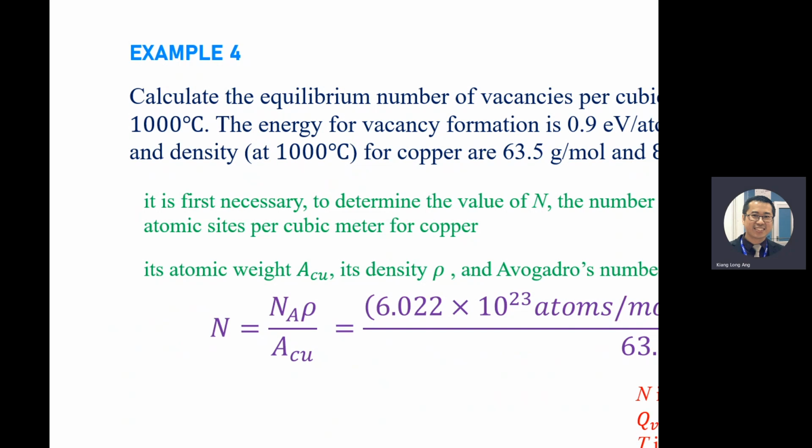Okay, so if you look at this question, we expect you to know this calculation of n in the equation. We did this one: the number of atoms per cubic meter of copper. We calculate the n here. N equals Na rho over A copper.